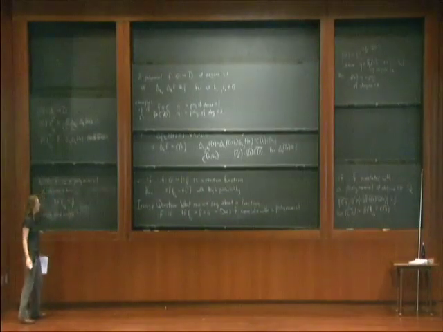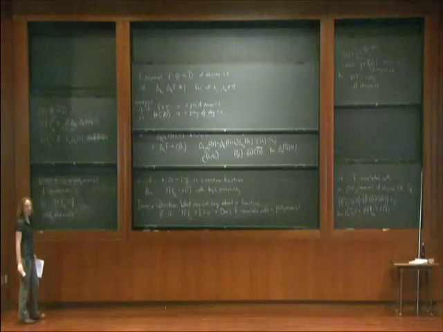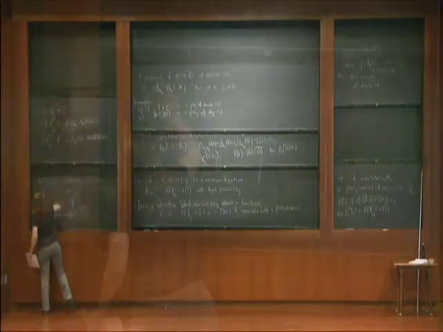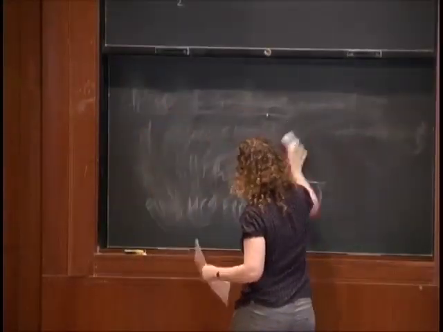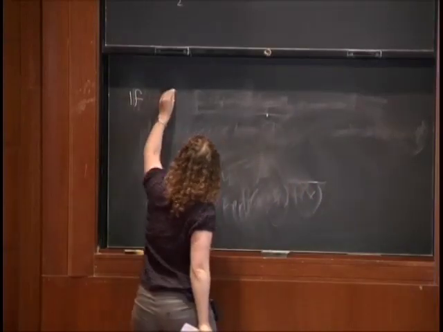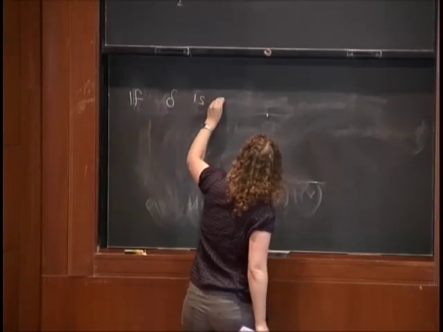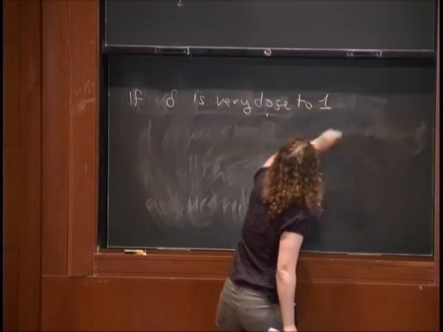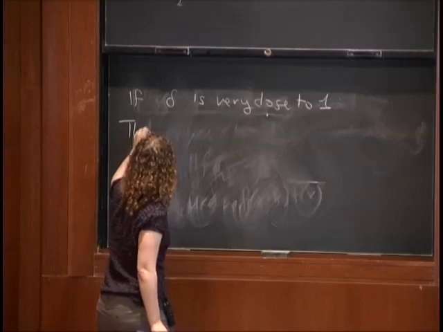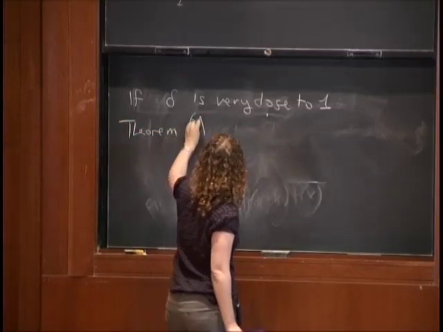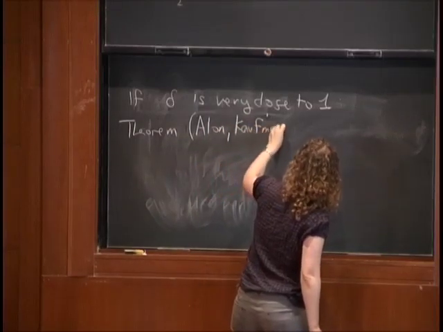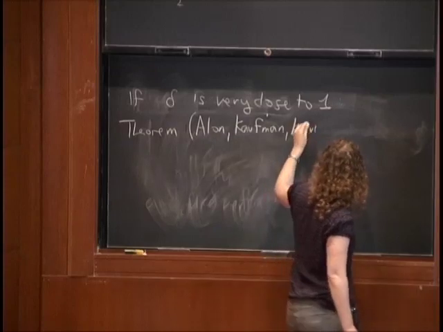So maybe the first case to examine would be an extreme case. Suppose delta is not equal to 1, but actually very close to 1. What can you say then? If delta is very close to 1, then there's a theorem of Alon, Kaufman, Krivelevich, Litsyn and Ron.